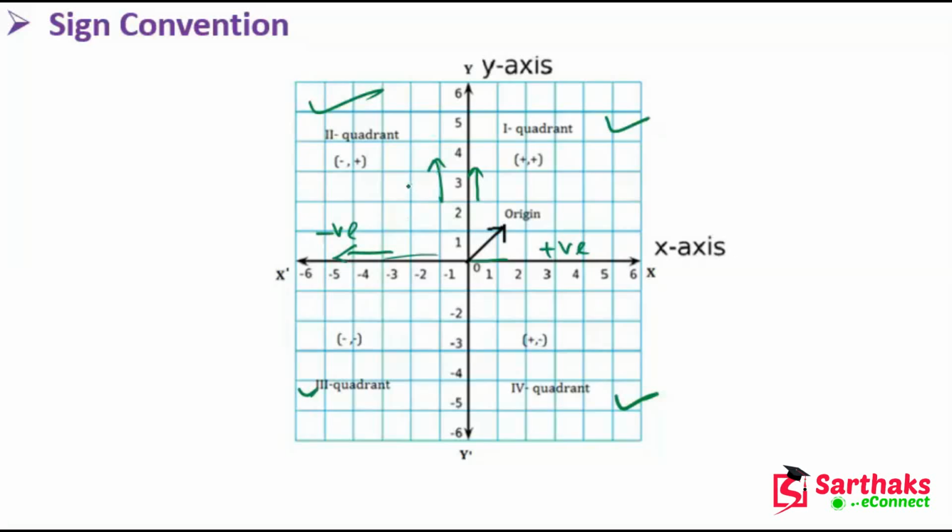I hope you understand these things. Now, in the third quadrant, this is the negative x-axis and this is the negative y-axis, so the x coordinate is negative and the y coordinate is also negative.